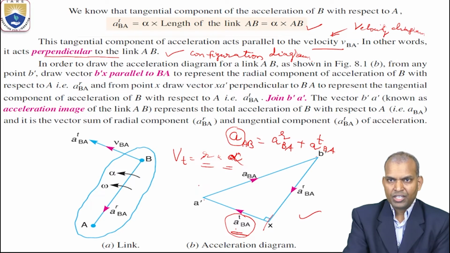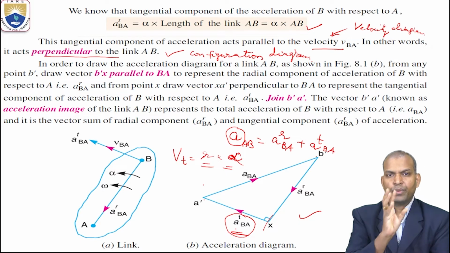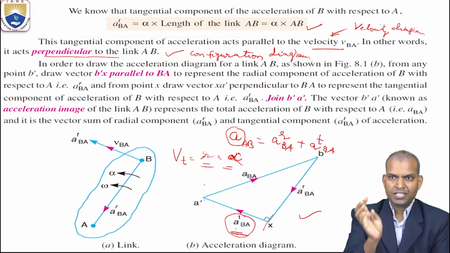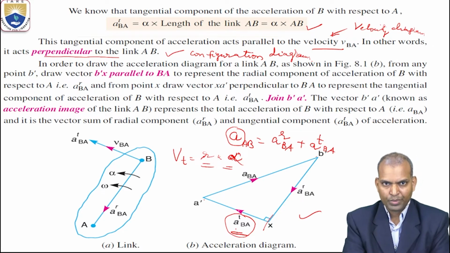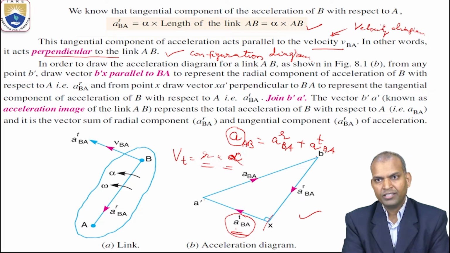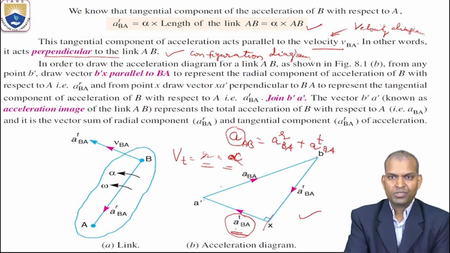The total acceleration of link AB equals the radial component of acceleration plus the tangential component of acceleration. For each link, if you want to draw the acceleration diagram, we have to draw the radial component and the tangential component of acceleration. Join these two, then it gives the total acceleration.